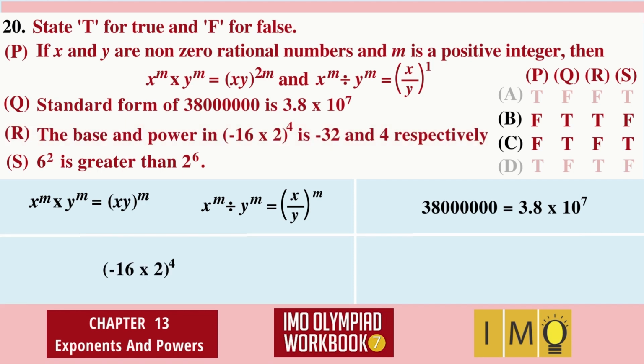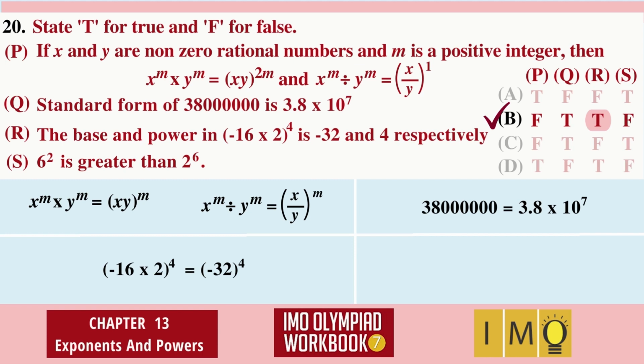Here, -16 into 2 is -32. So the base is -32 and the power is 4. This shows that statement R is true. So out of the given two options B and C, we can confirm that option B is the right answer.